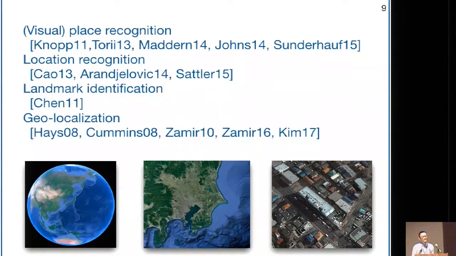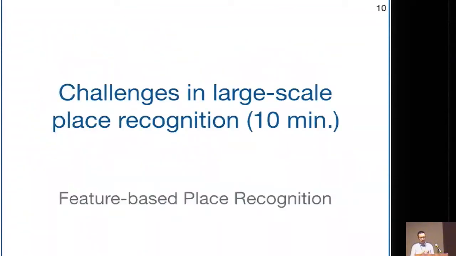I think there are some small differences, like the expected final accuracy of the localization or recognition, but essentially we are all tackling the same problem. So let's next have a look at why large-scale visual place recognition is challenging.